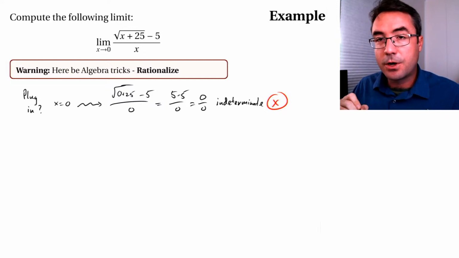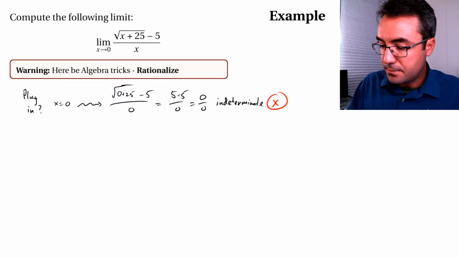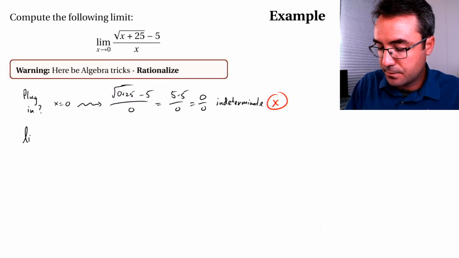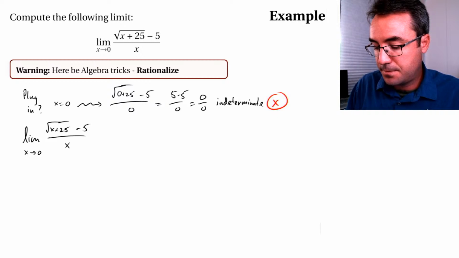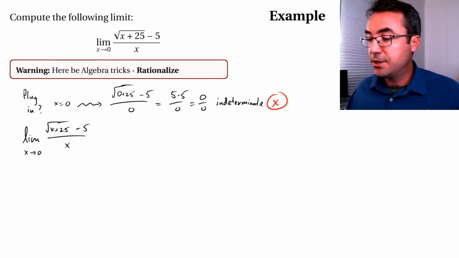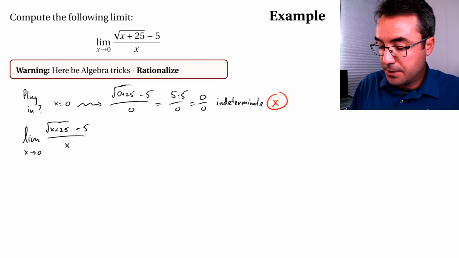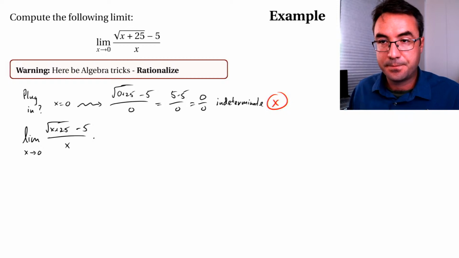So the technique we're going to use instead is rationalizing. So let's try it again. Plugging in didn't work. And the way we're going to rationalize is we're going to multiply by the conjugate of the numerator.